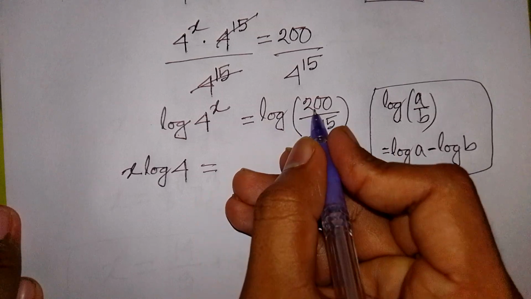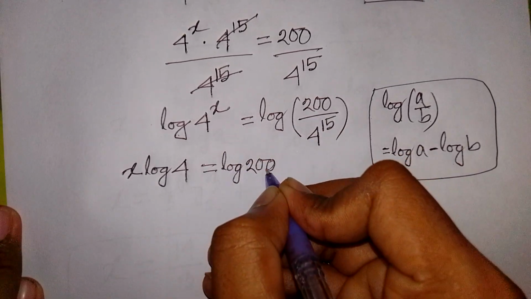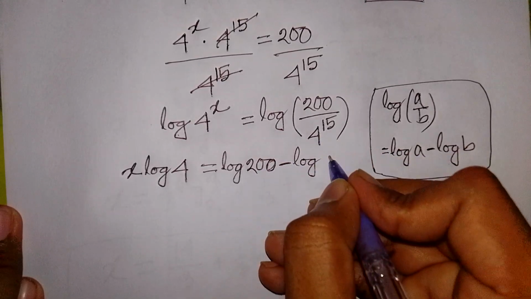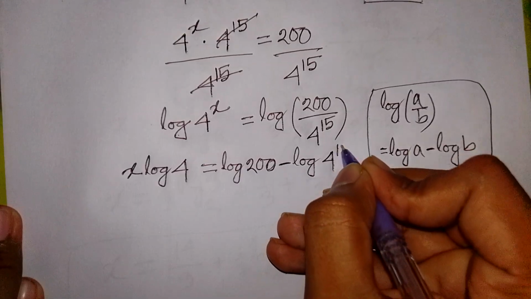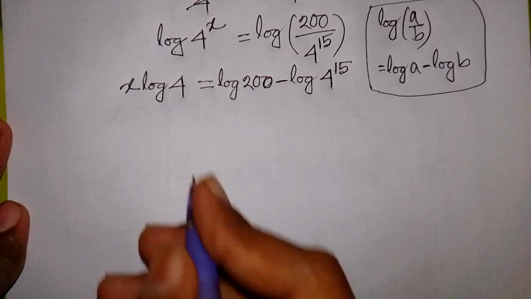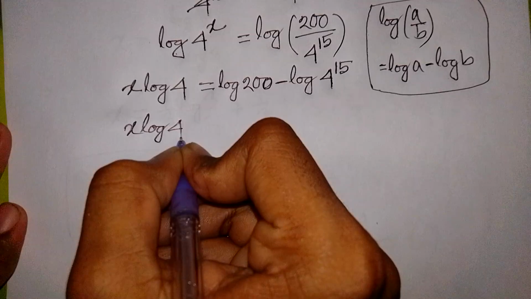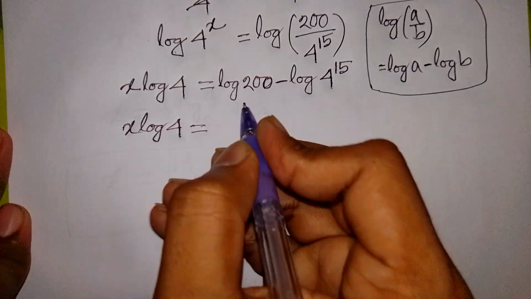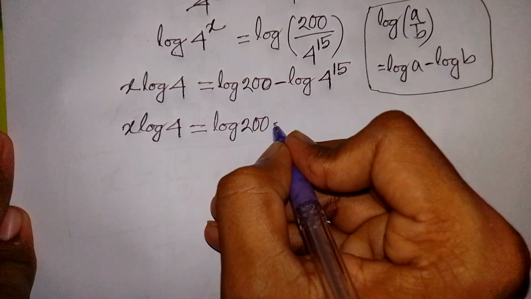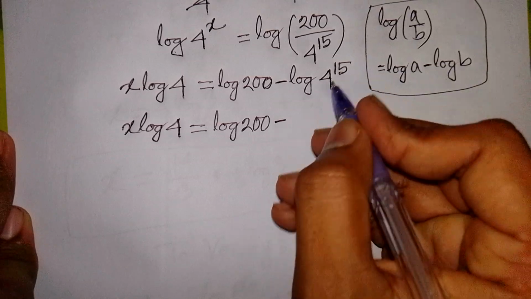So it will be log 200 minus log 4 power 15. Now we have x log 4 is equal to log 200 minus, this power 15 will move to the front, so it will be 15 log 4.